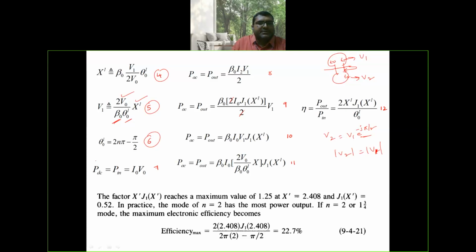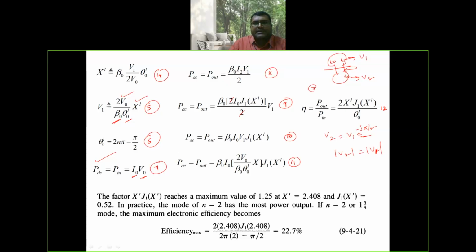The DC input power is given by the DC current I0 and DC supply voltage V0. AC power is beta naught I2 V1 by 2, and this can be simplified as equations 9, 10 and 11, substituting equations 7 and 11.